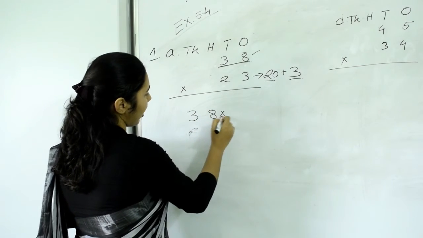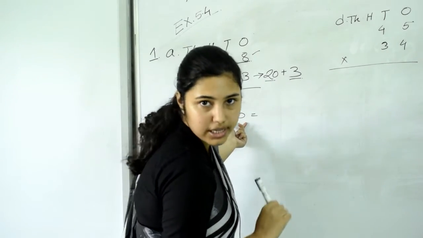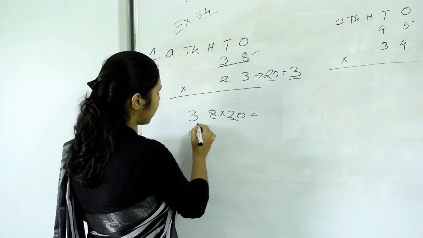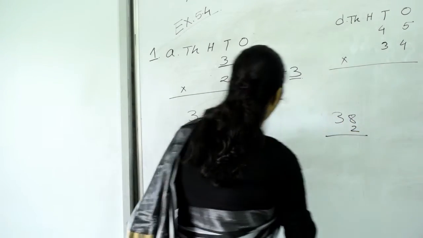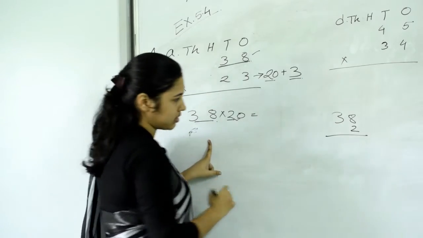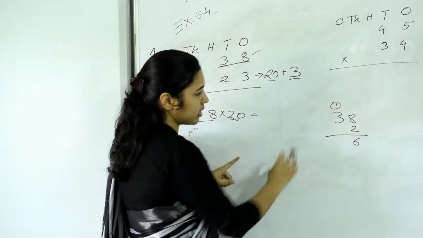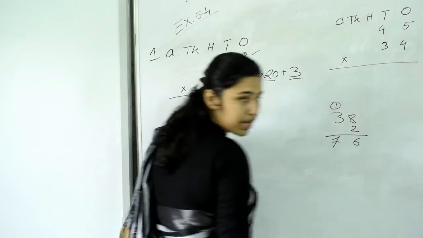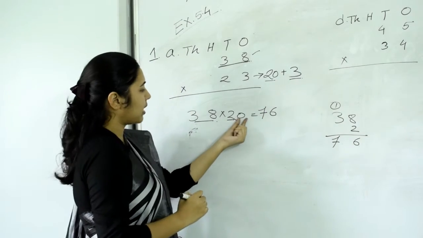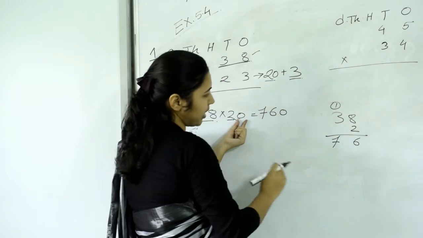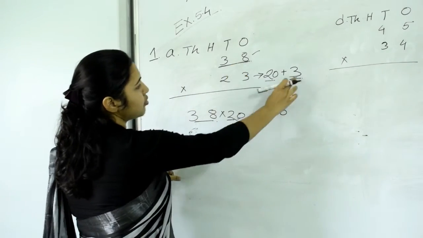Now we know that 20 is a multiplier of 10, right? So just multiply 38 with 2 and then add this 0 in 1's place. So first 8 2s are 16, 1, 3 2s are 6, 1, 6 plus 1, 7, right? So 76 and then add this 0 in 1's place. Next multiply 38 with 3.